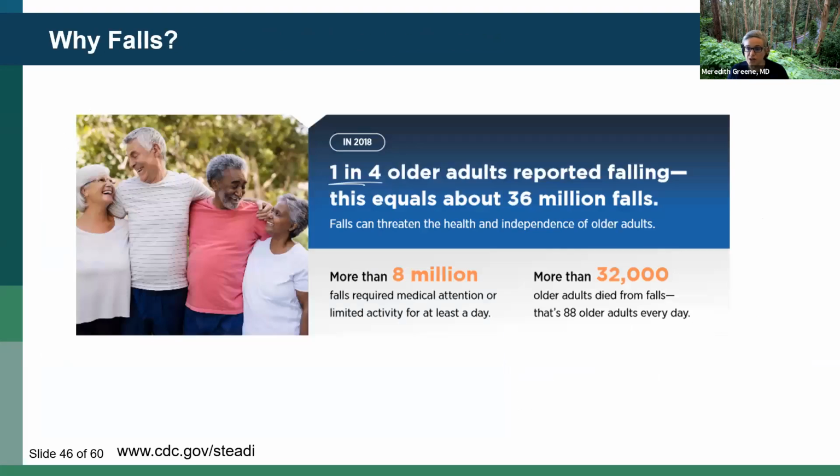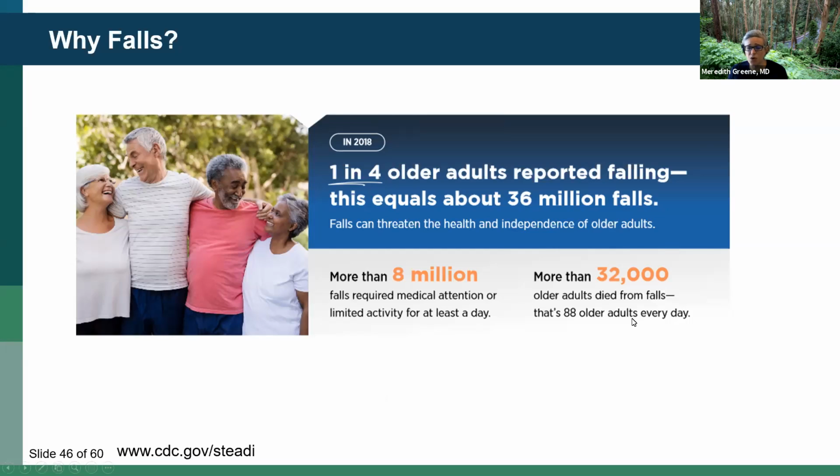So now we've talked about frailty, we've talked about disability, and now I'm going to talk about falls and why falls matter. This is again data from the CDC, which has taken on falls as a public health problem. Because again, in 2018, 1 in 4 older adults had a fall, or roughly 36 million falls in that year.